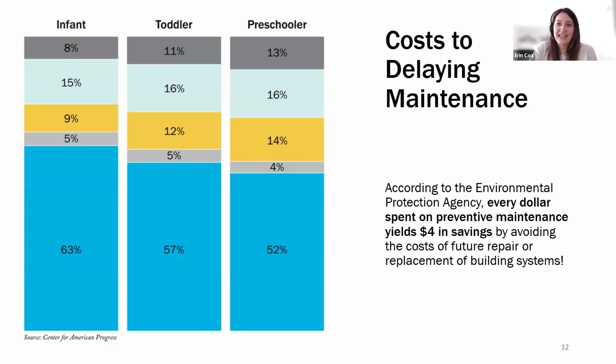We know that many of you attending this session have worked really hard to make investments in your space, either out of your own pocket or having been awarded a facility grant. And we know that facilities projects, big or small, take a lot of time and energy and resources, but regular maintenance, which is a theme you're going to hear a lot today, really can help upkeep your facilities to keep it operating as intended, to save money down the line, but it also really impacts your ability to comply with regulations.